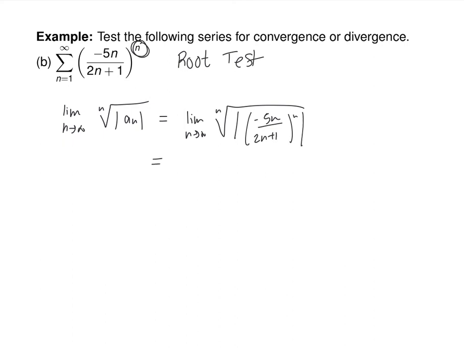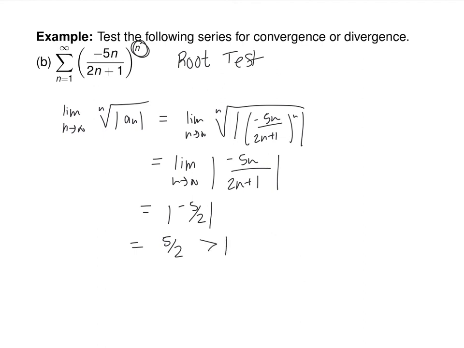Well, nth root and nth power can cancel out. We get the absolute value of negative 5n over 2n plus 1. Now we can move the limit inside the absolute value. We get the absolute value of negative 5/2, which is 5/2, which is greater than 1. And as that limit is greater than 1, the series diverges.